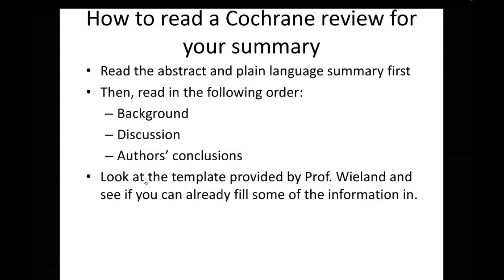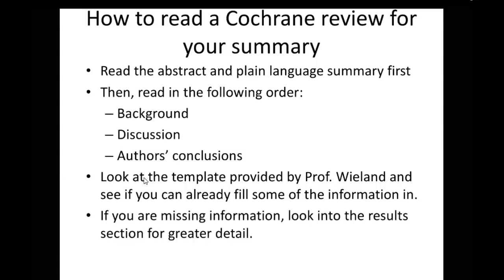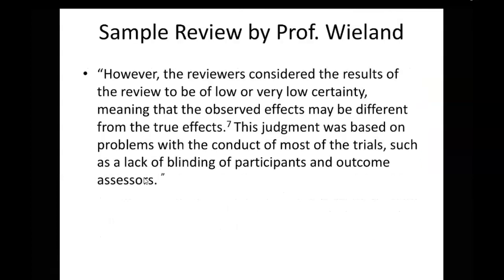And probably you'll have some information already that she suggests to you where to include in those paragraphs. If you're missing information, you feel you need some more specific examples, then look into the results sections for greater detail. But let the information that you found in these sections here guide you going into this section, because there's a lot of information there. And I want to make your writing process as streamlined and effective as possible for you.